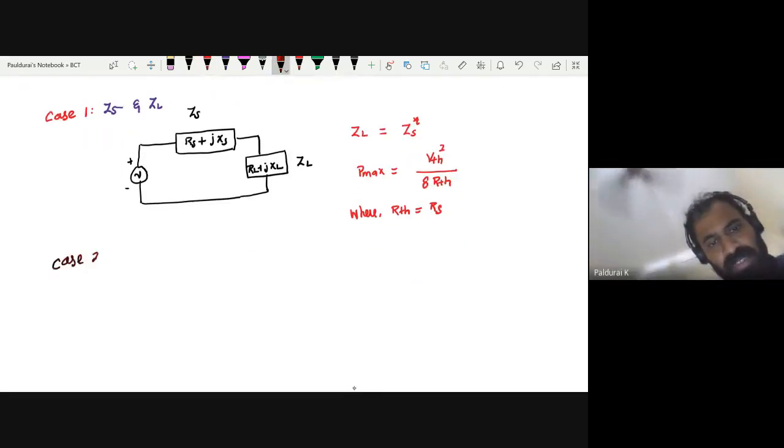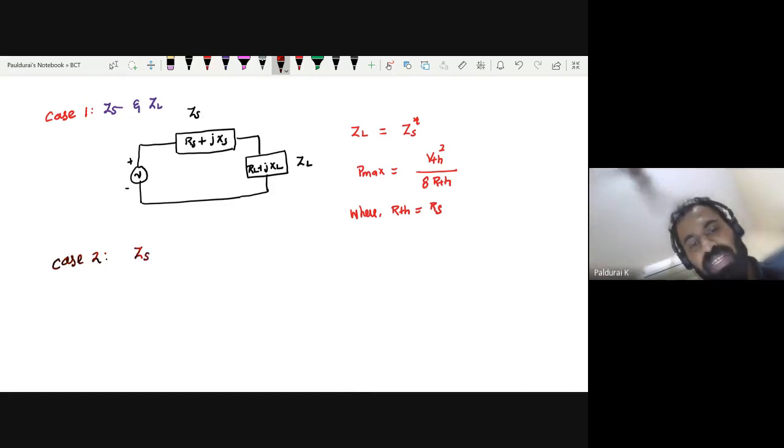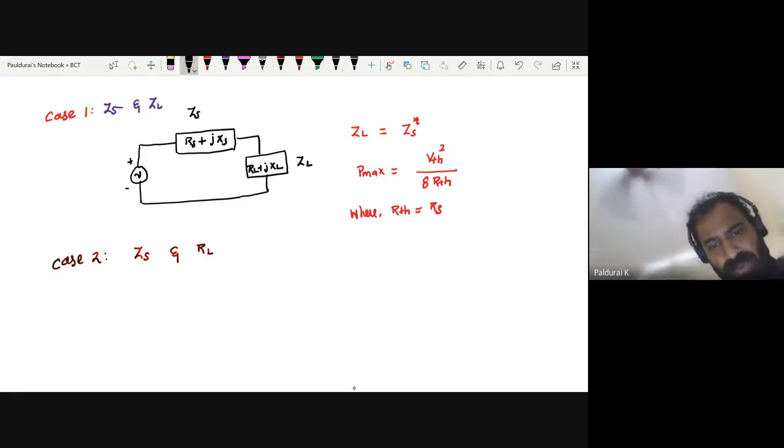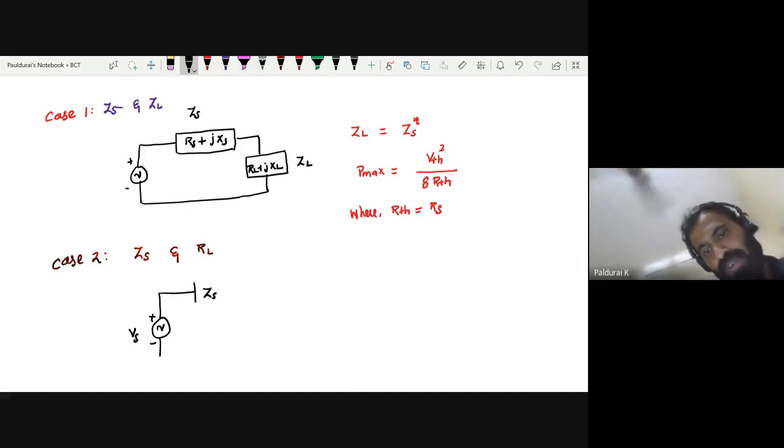And case 2, this time there is no change in source since we are playing with AC. So source impedance but load resistance RL. Let me draw the circuit diagram. There is no change in my source, so again the source is ZS. Simply I have written ZS, but this time I am connecting a resistance RL.